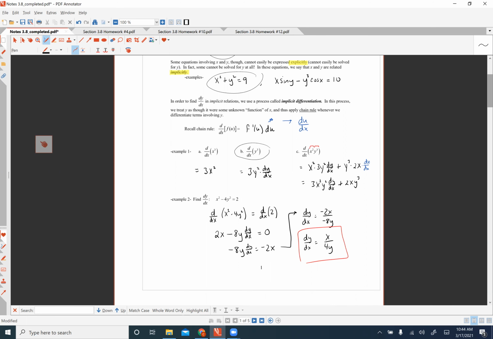So x squared times the derivative of y cubed, so 3y squared dy dx. And now the derivative of x squared times y cubed. Of course, this dx right here is actually not necessary. There are a couple more examples that we see right here.